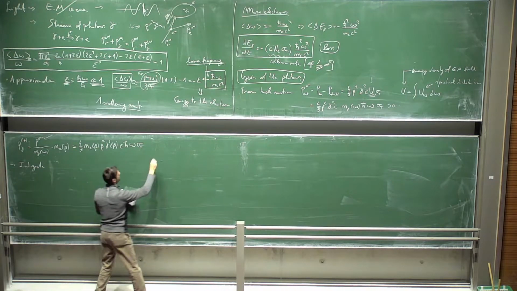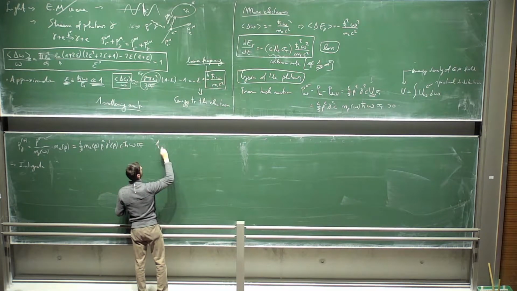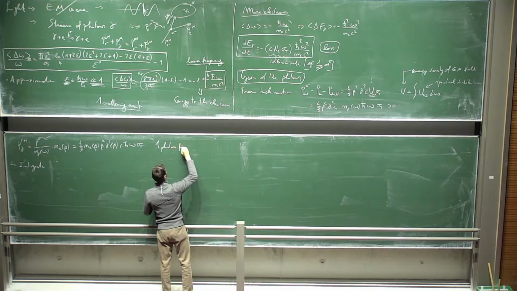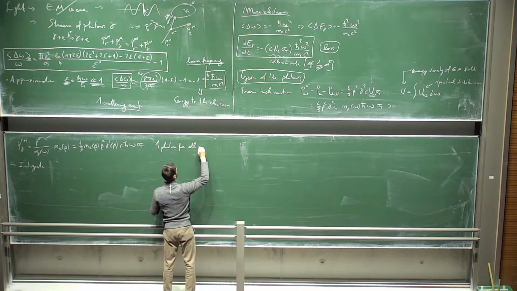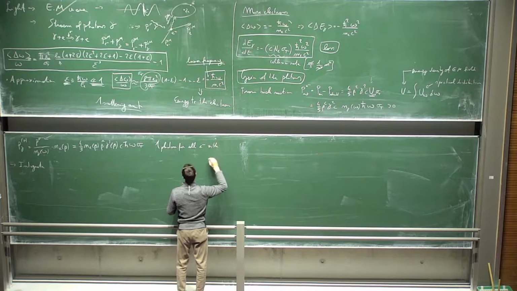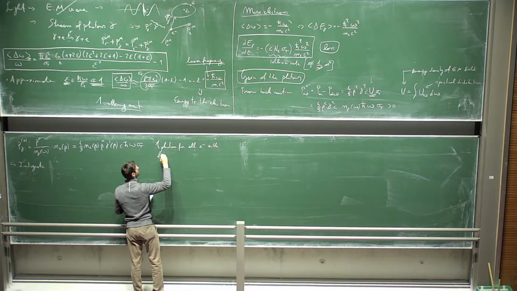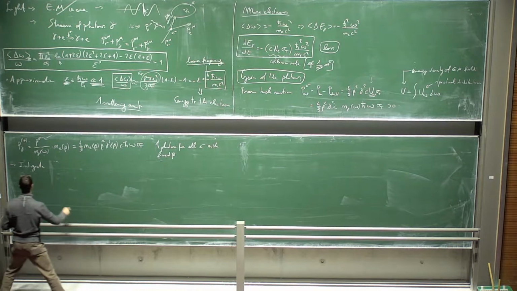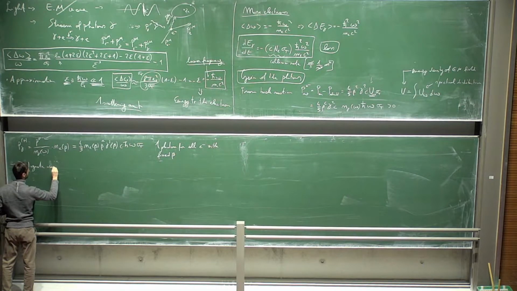This is one photon, let's be clear, for all electrons with a certain beta. So now we integrate over beta.